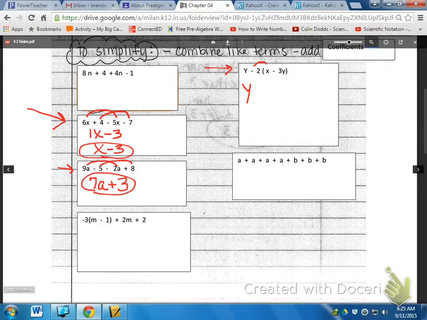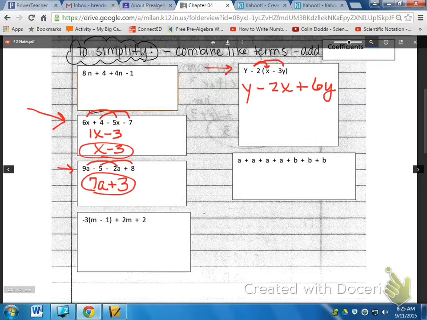So I have to take negative 2 times x, which makes it negative 2x. And then negative 2 times negative 3y. Well, negative times negative makes it positive. 2 times 3 is 6, and then there's a y there also. So negative 2 times negative 3y makes it positive 6y.